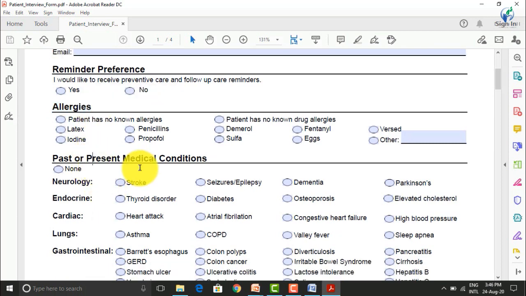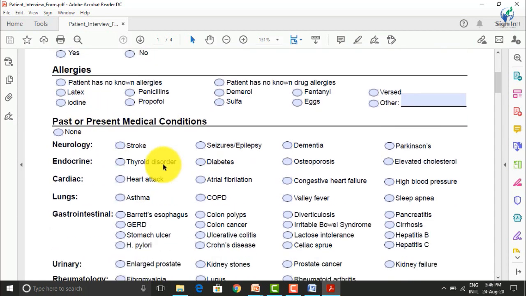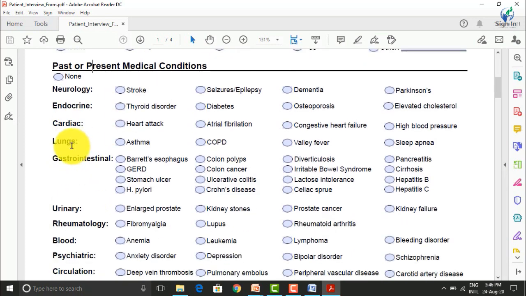Then past or present medical condition, अभी currently जो भी medical condition है, for example this is very specific compared to the previous form. We are asking over here neurology, endocrine, cardiac, lungs. In cardiac, if the patient is having a heart attack, if previous history is there, then we can mention over here.